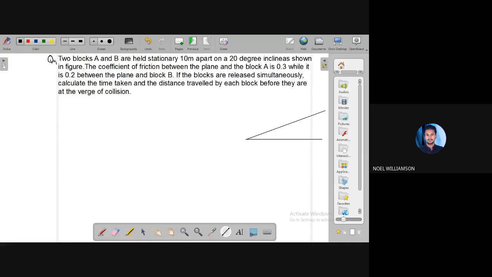This is the 20-degree incline surface, and there are two blocks A and B, placed 10 meter apart. These are the blocks, block A and block B.